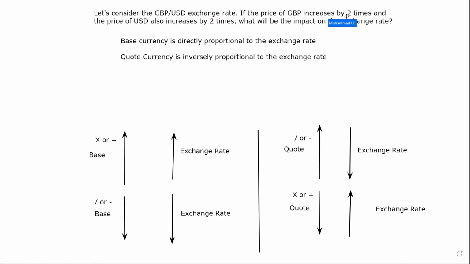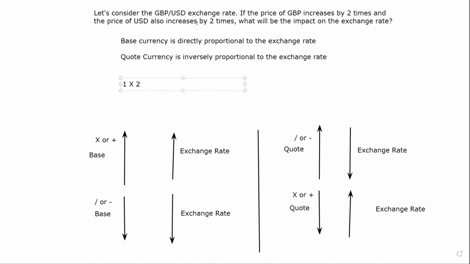If the price of the GBP, which is the base currency, increases by 2 times, and the price of the USD also increases by 2 times, then what will be the impact on the exchange rate? Let's take 1 multiplied by 2 times, because the base currency is increasing by 2 times.